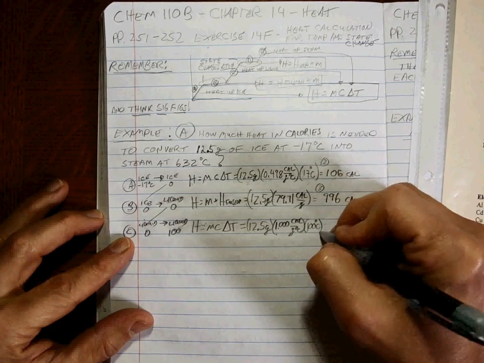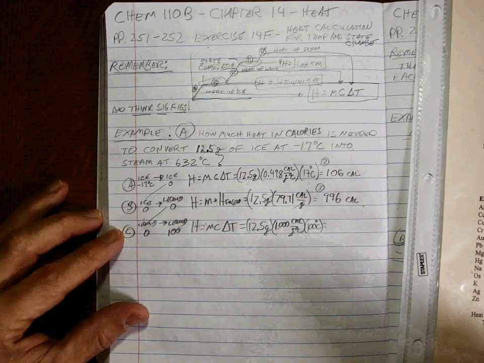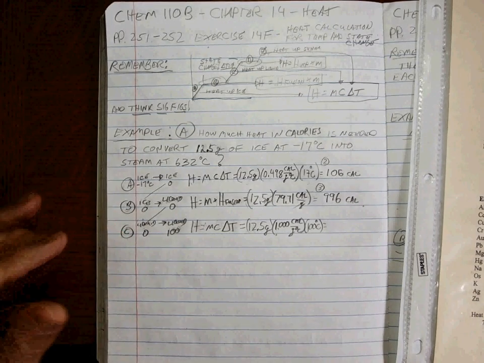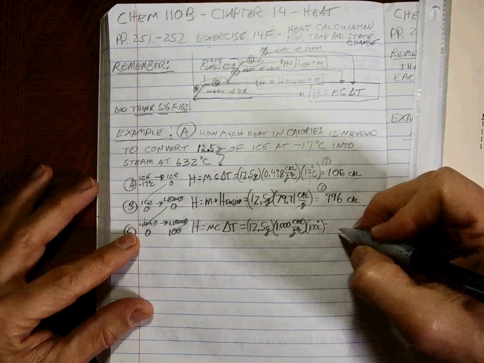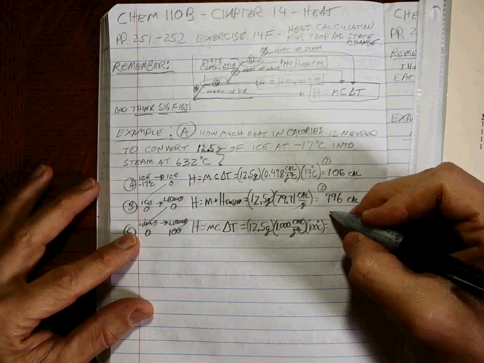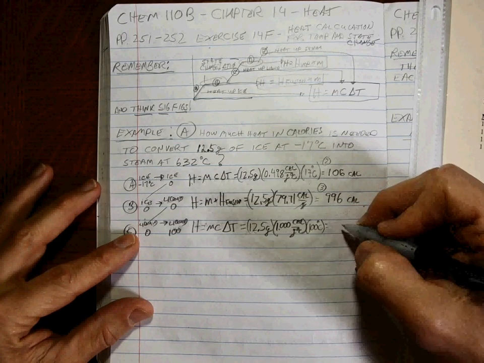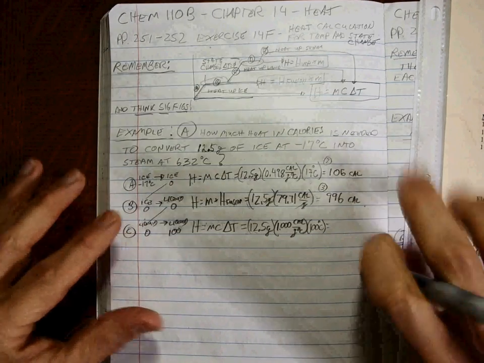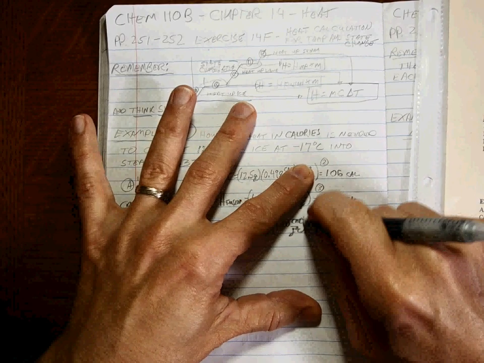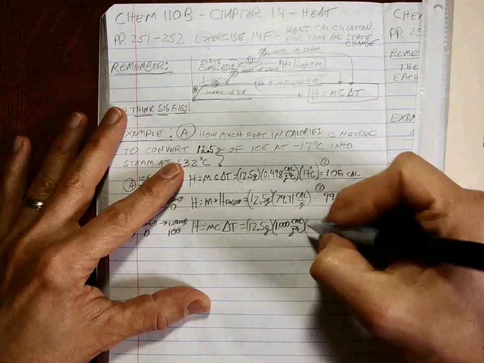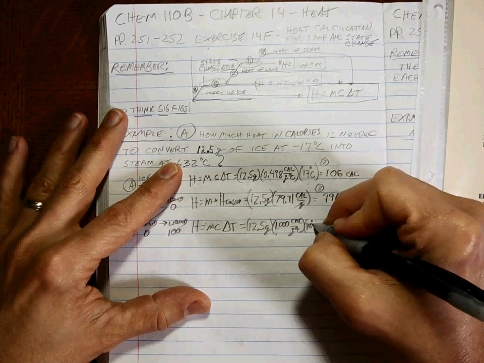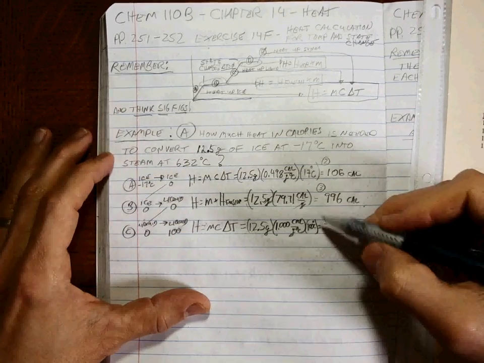So it's just 100 degrees C. So what's this add up to? Let me see if I can move this up here. I'll move this real fast, because I want to make sure everything lines up.